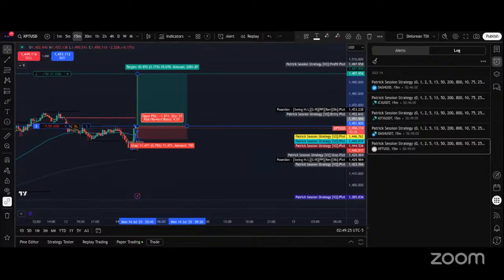Stop loss is going to be 1440.517, that's going to be for 11,471 pips. And entry price is going to be 1451.988.